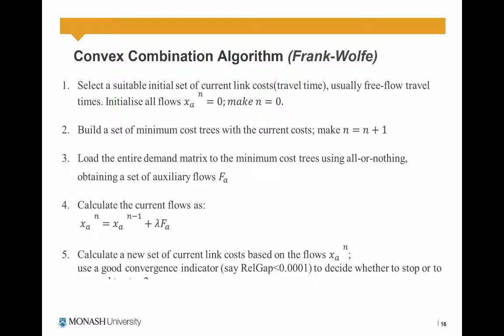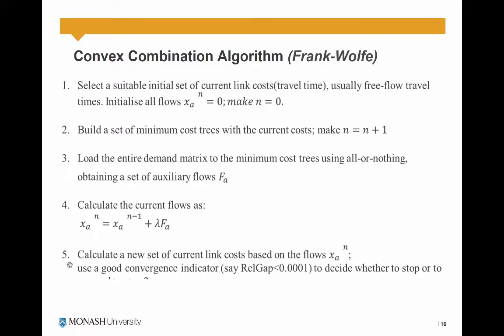This is where we end if it was an all-or-nothing assignment only, but we continue in the Frank-Wolfe algorithm to step 4. Now that we have these so-called auxiliary flows, we calculate the current flows on the links: the current flow of the link at iteration n is equal to the link volume of the same link from the previous iteration plus a factor called lambda multiplied by the auxiliary flow of the same link.